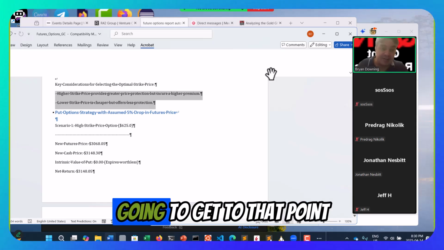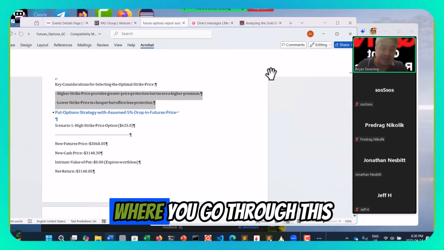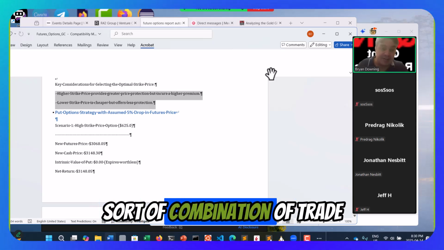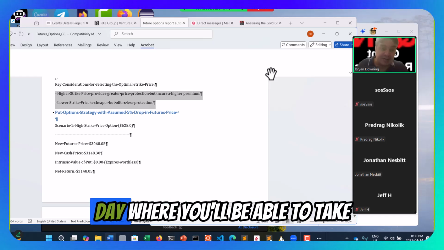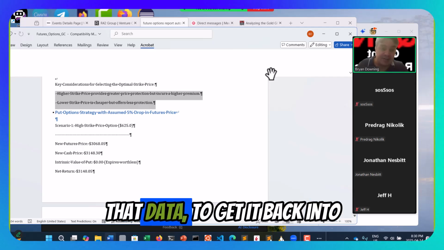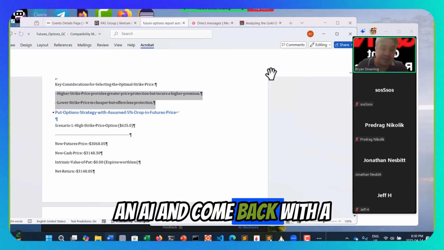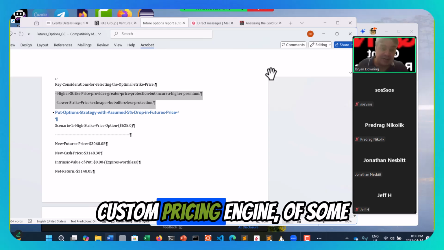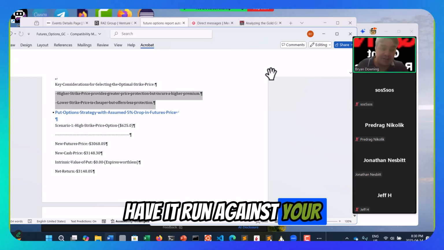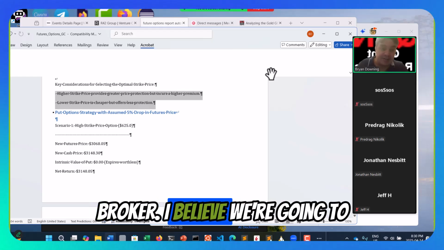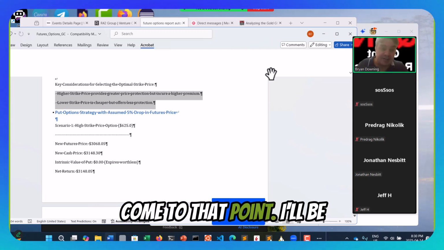So we're going to get to that point where you go through this combination of trade opportunities with options and futures, and there will be the day where you'll be able to take that data, feed it back into an AI, and come back with a custom pricing engine of some kind for that strategy, and have it run against your broker.